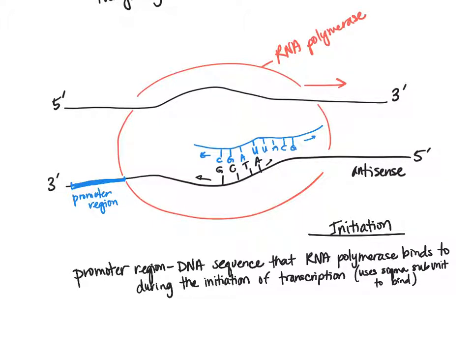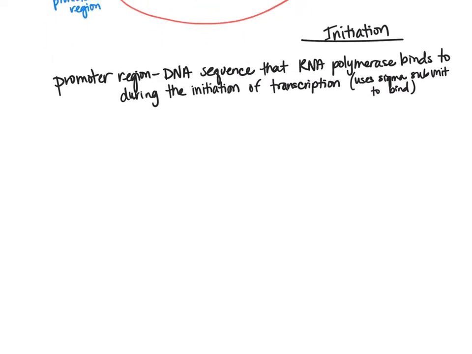But anyway, our promoter region is going to be what's called upstream. So let's write some of these terms down here. So we have upstream and we have downstream. So upstream is going to be preceding the initiation site. So this is where the promoter is located.